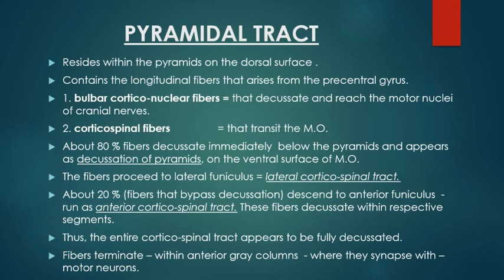Bulbar corticonuclear fibers decussate and reach the motor nuclei of cranial nerves. Corticospinal fibers transit the medulla oblongata. About 80% of fibers decussate immediately below the pyramids and appear as the decussation of pyramids on the ventral surface of medulla oblongata.